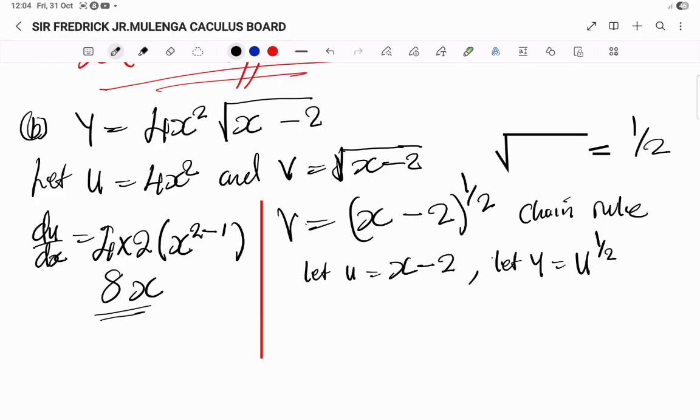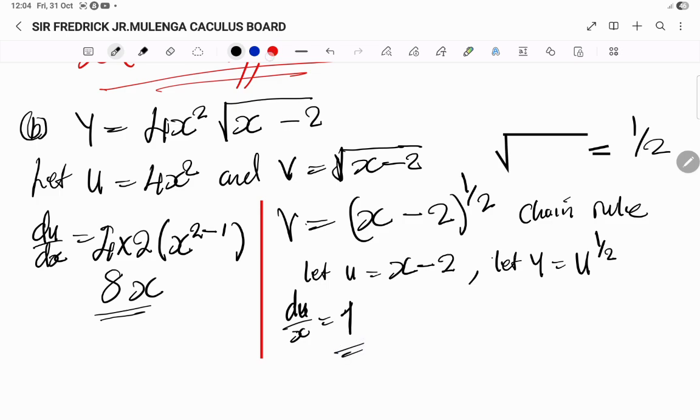Let's now differentiate this. So du with respect to x is definitely going to give me 1 here. We are not differentiating the 2 there.